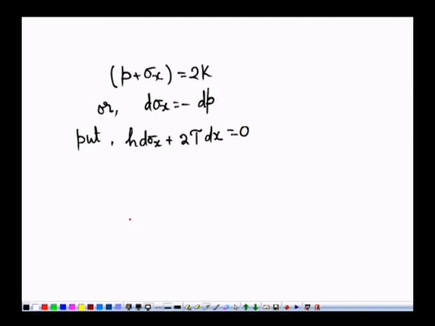So we have dp is equal to twice the stress upon whatever the height is, into dx.